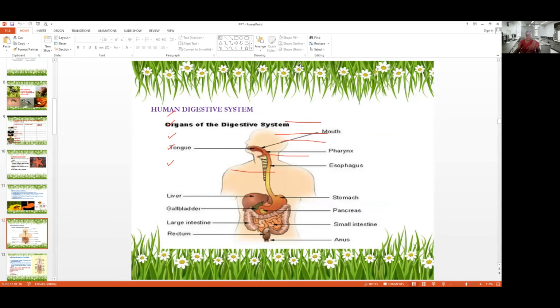So human digestive system. So far, we have seen the different types of nutrition which we learned in the first lesson. I have summarized for you, and then here nutrition in animals. What is heterotrophic nutrition? What are the different kinds of food habits of animals like herbivores, carnivores, omnivores, scavengers, and parasites? Next, I have told you that different types of animals have a different mode of intake of food.